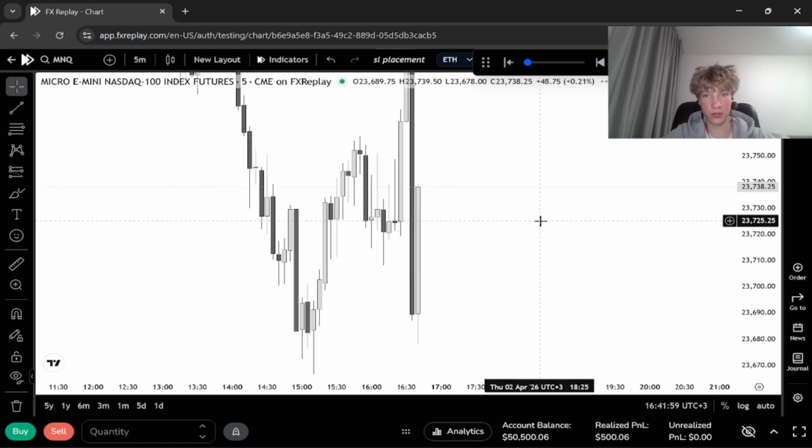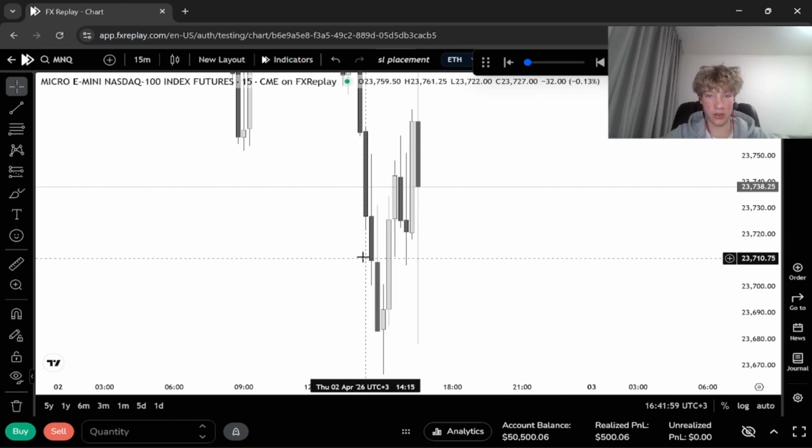Should we just take it off here? A great reaction of this gap.